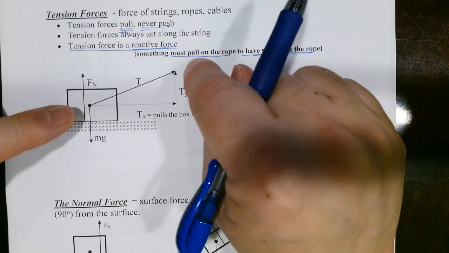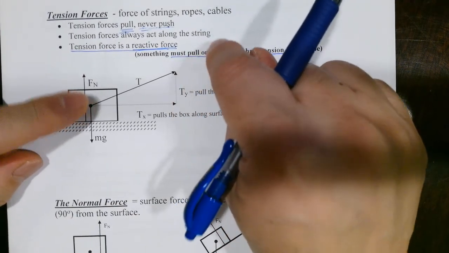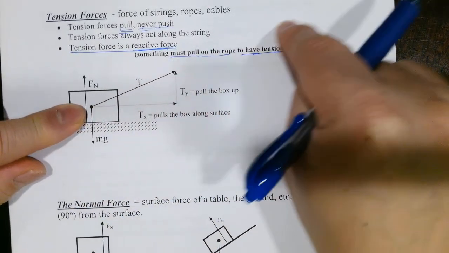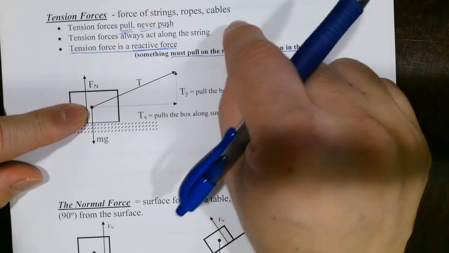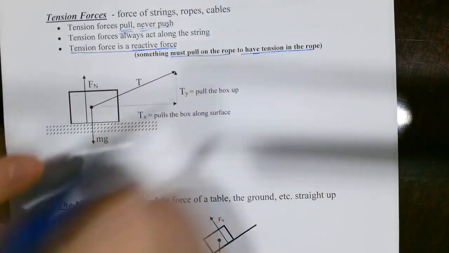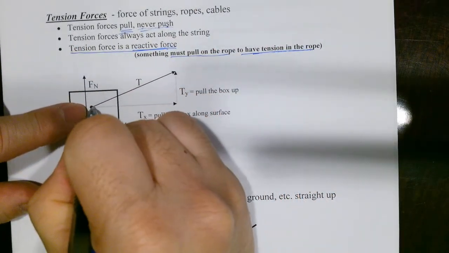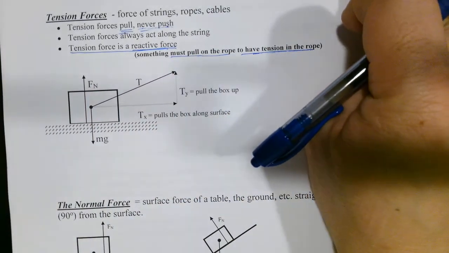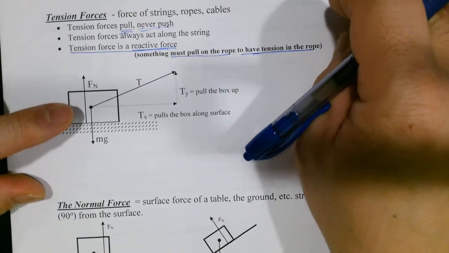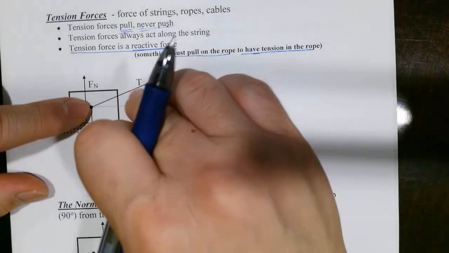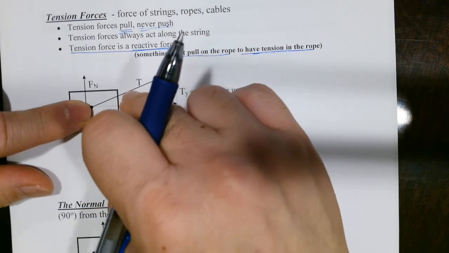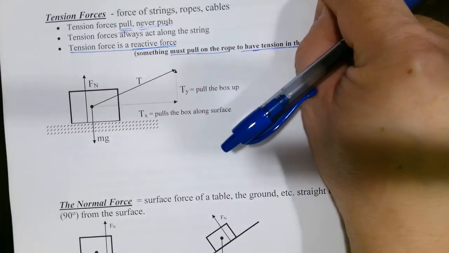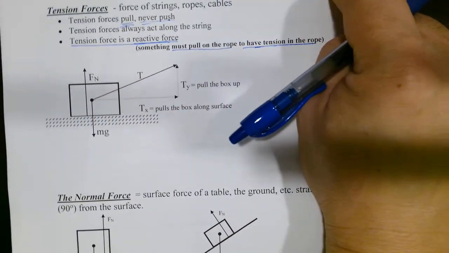Don't get confused between the length of the rope versus the tension of the rope. You could have a very long rope, but if you pull on it very slowly or with a small amount of force, the tension will only be very small. Just because the rope is long, it doesn't mean it has to have a big tension. Contrary, if the rope is short, doesn't mean the tension has to be small. A rope can be very short, but tension can be huge, depending on how much it's pulled.